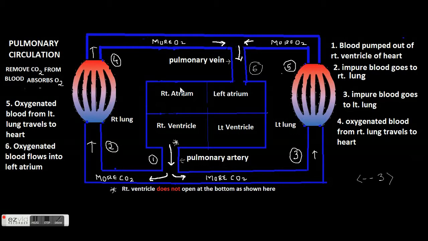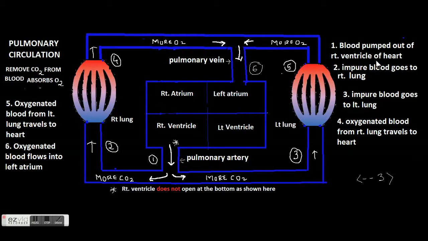Point number 1. So these are the two lungs, right and left, because you are facing the heart and lungs, so what you see on your left side is actually right, and what you see on your right side is actually left, because you are facing it. Okay.